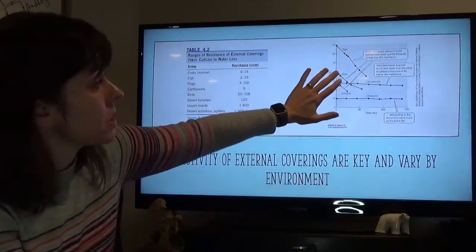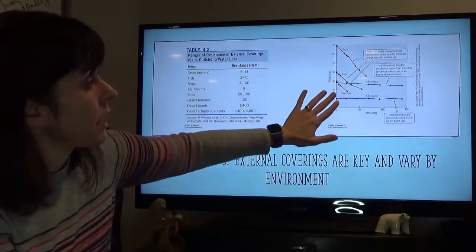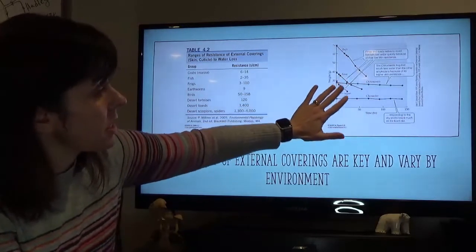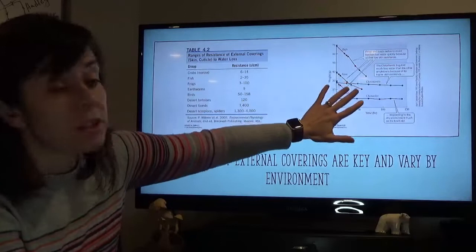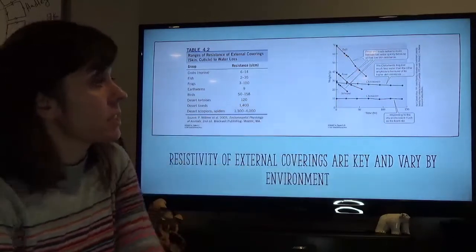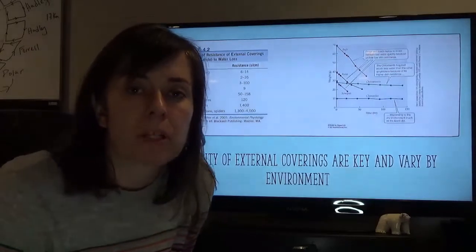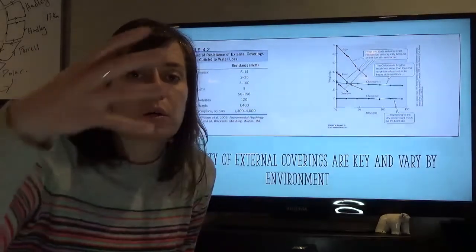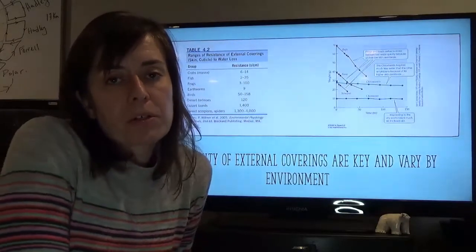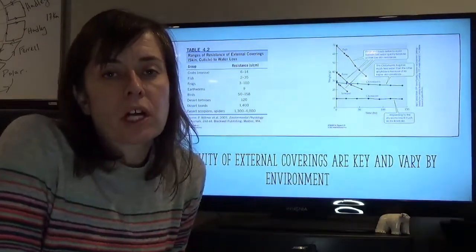And so you can see these toads and frogs, so Bufo, Rana, Xenopus, these all show these steep decreases in weight in response to exposure to dry conditions. Their skin resistance is low. They have very permeable skin that water evaporates very readily from, and so they have very rapid water loss from their surfaces, so the resistance to water loss is low.